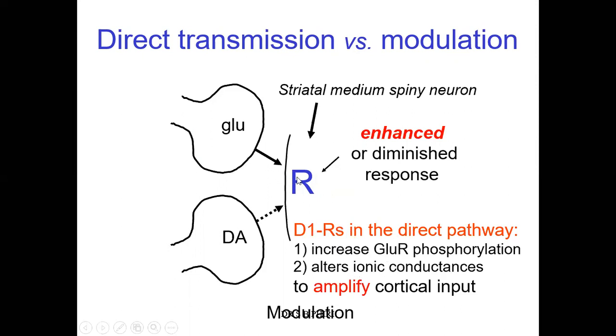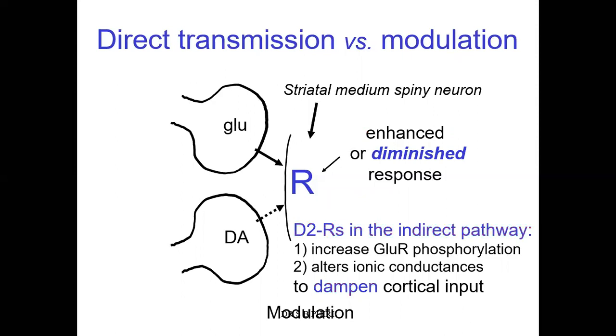An increase in conductance means that the direct pathway has been facilitated. So it's going to enhance the direct pathway by increasing the ionic conductance of glutamatergic receptors. So it means D1 is going to amplify the cortical input to the corpus striatum.